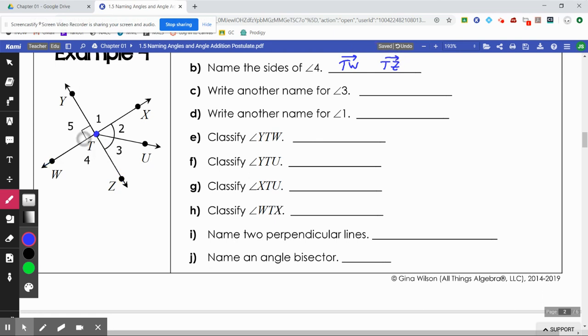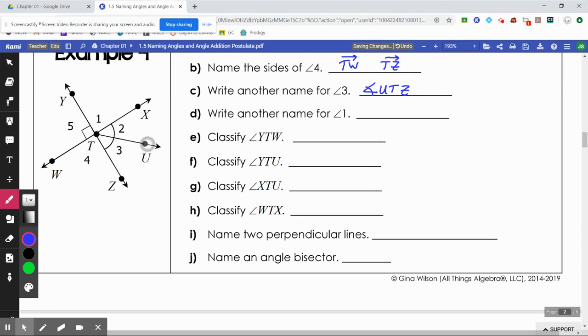What's another name for angle 3? There is angle 3. Another name, we can actually use these letters to name it. So let's make sure that our vertex is in the middle. So you can either say angle UTZ, again, U to T to Z, or you can do that backwards, Z to T to U, would also be the correct answer.